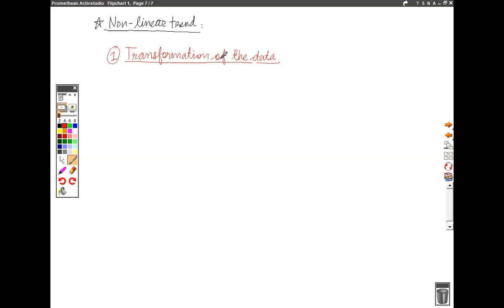So it gives you a nice and readily interpretable kind of information for the data set. So a simple transformation is defining another random variable, which is just log of xt. That's it. This is a very simple case.